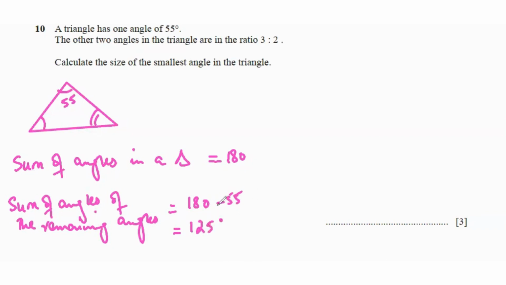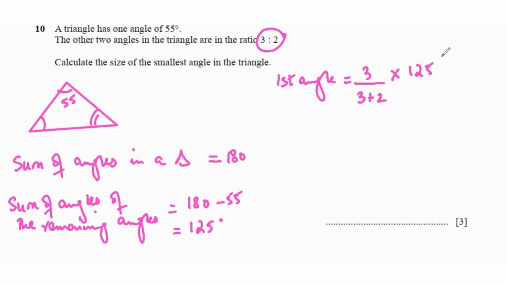Now we're going to use the 125 and this ratio to calculate the other angles. For the first angle, I'm going to do 3 over 3 plus 2 times 125. A very common mistake could be using 180 instead of 125, because we know the sum of angles of a triangle is 180.